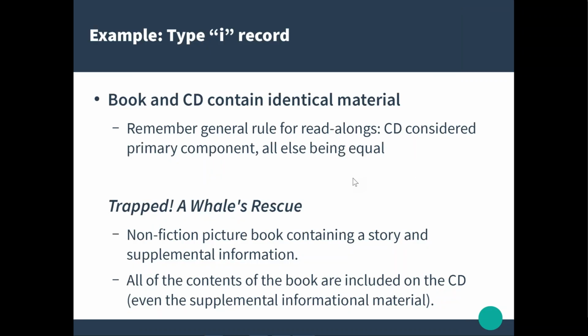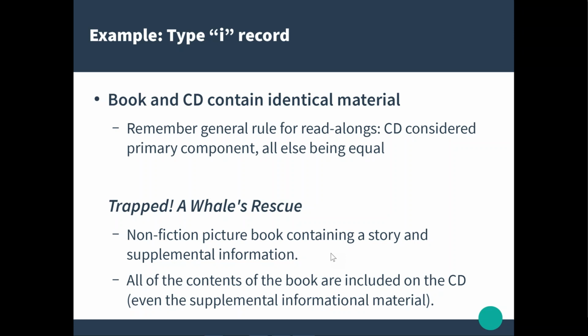Okay, so the next example that we have is for a record type I, and this is Trapped, a Whale's Rescue. Here is an example where the book and the CD contain identical material. This is a nonfiction picture book containing a story, and there is some supplemental information at the end of the book.